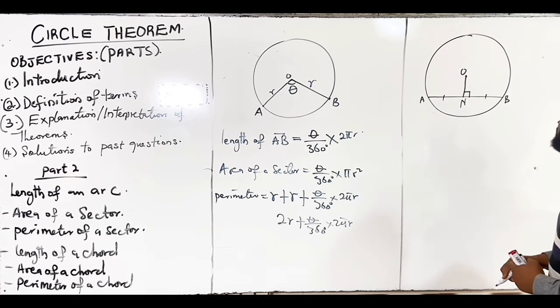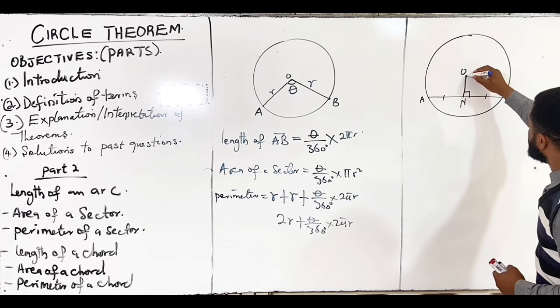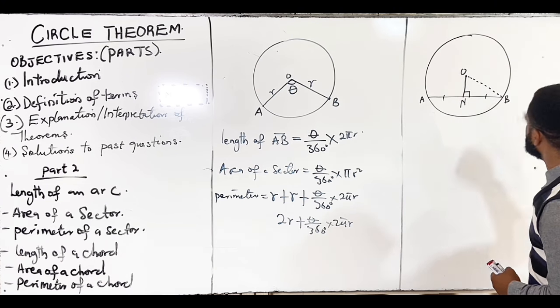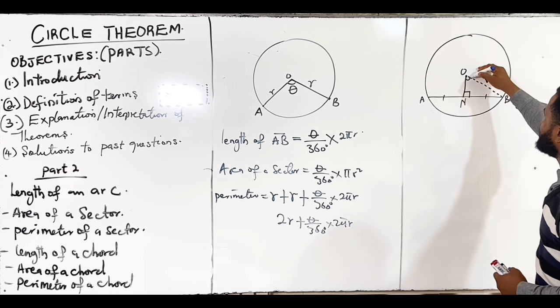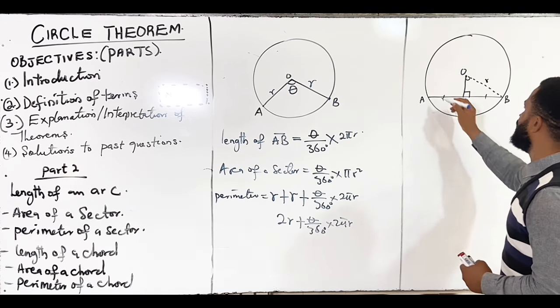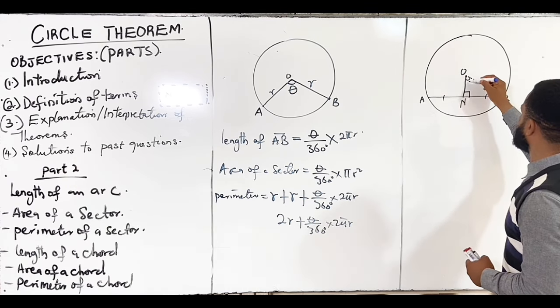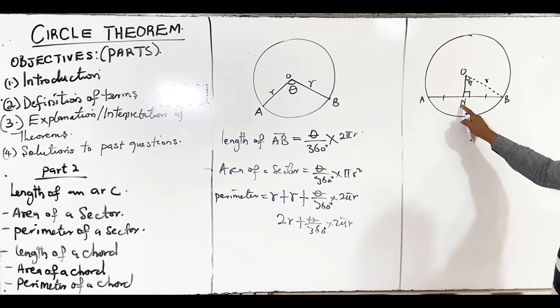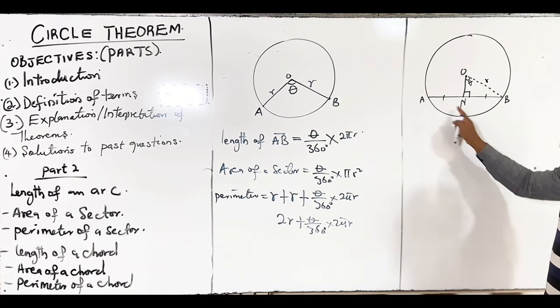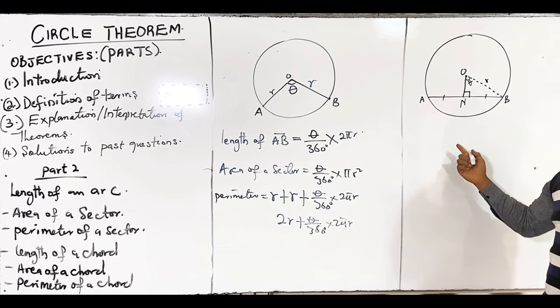So for this reason, I am going to make this radius, because radius is there and there is an angle it has formed. I'm also going to call that angle theta, right? Because once I find NB, I have found AN, then I will add them together.